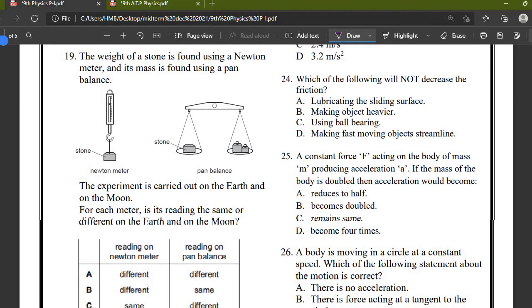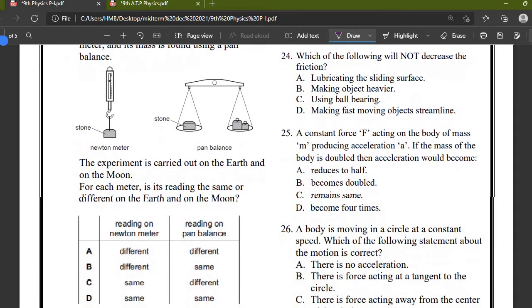The weight of the stone is found by using a Newton meter and mass is found by using a pan balance. The experiment is carried out on Earth as well as on the Moon. For each meter, is its reading the same or different on Earth and on the Moon?